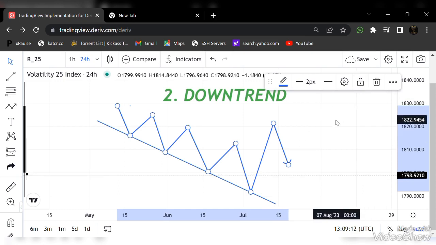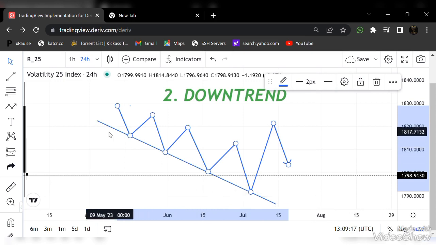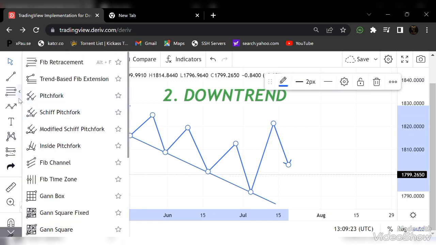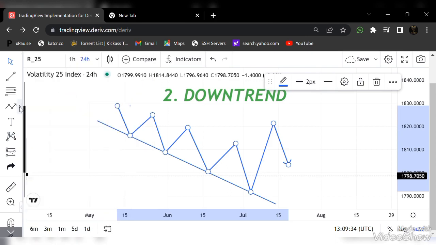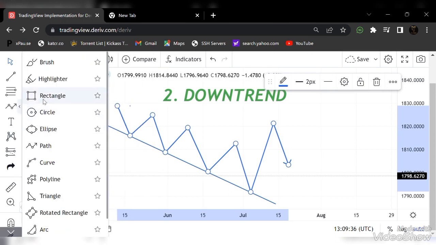And also when you are entering the market, we have what we call the flip zone right here.